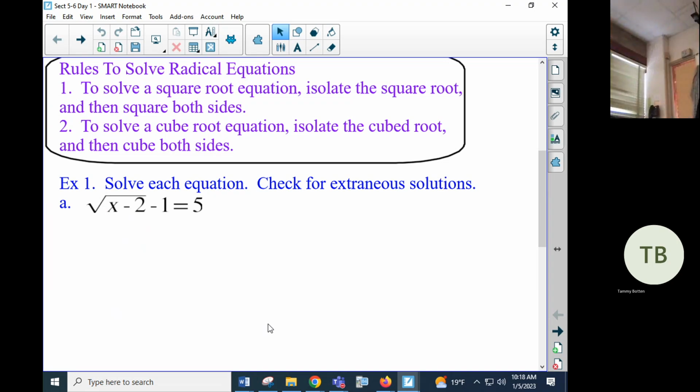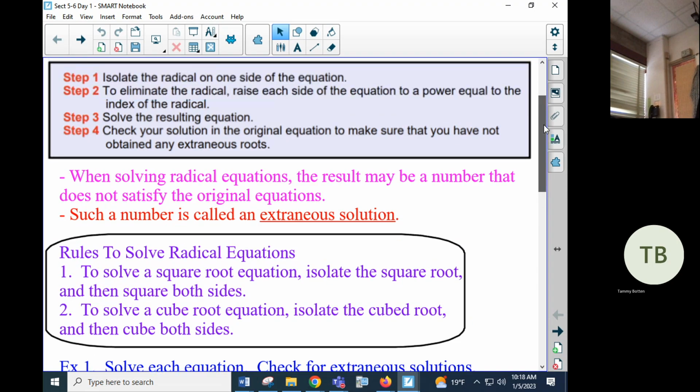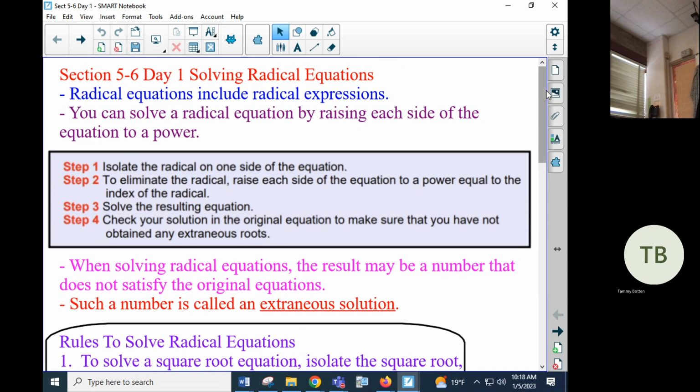Okay. So, again, what we're going to be doing today is solving radical equations. And as I was saying, a radical equation is just an equation that has a square root, a cubed root. We'll have 4th roots and we'll have 5th roots, okay? And these are the rules that you go through when you do this.